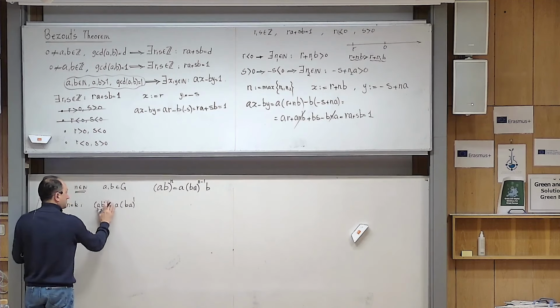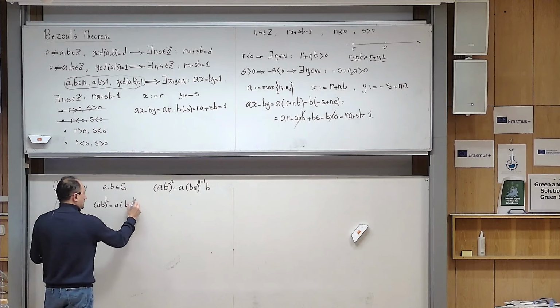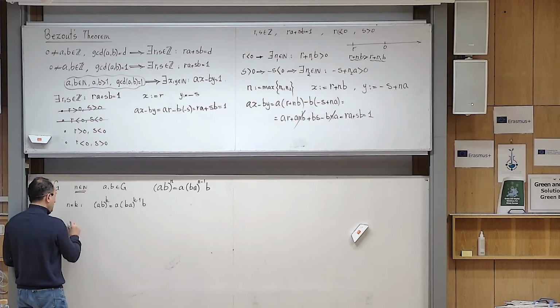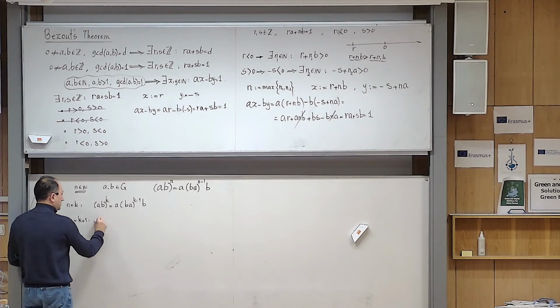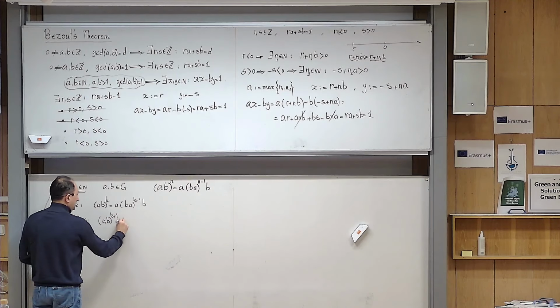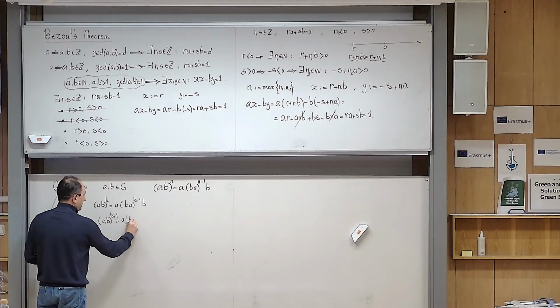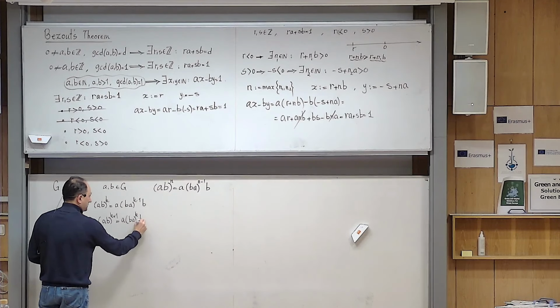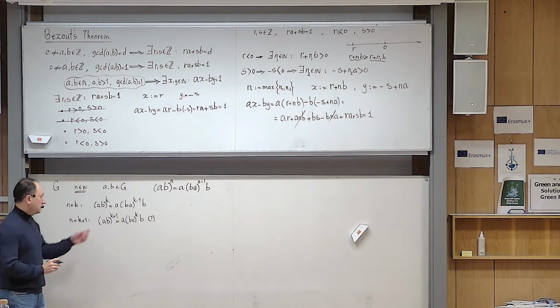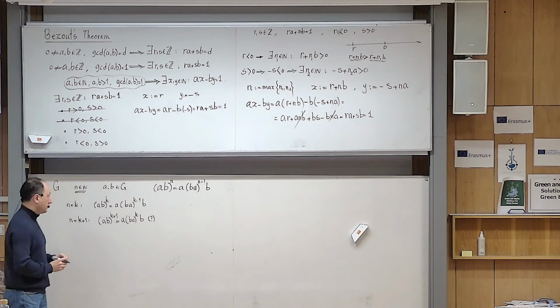I am assuming that this is true, and I want to show that it is true for the next step. So I want to show that ab to the power of k plus 1 is equal to a, ba to the power of k plus 1 minus 1, which is k, times b. So this is the question mark. I want to prove the validity of this equality based on the assumption that you see here.